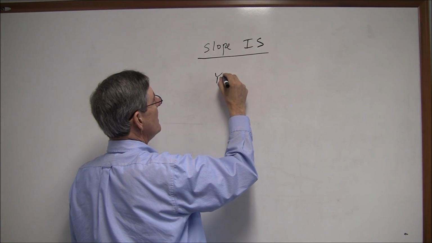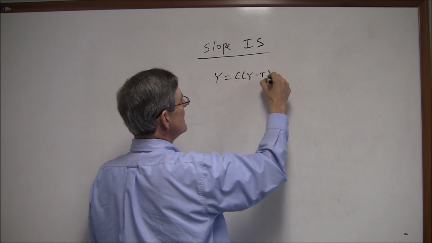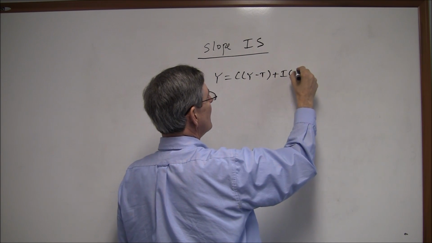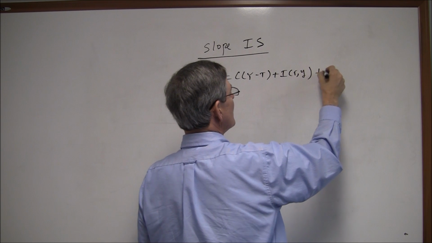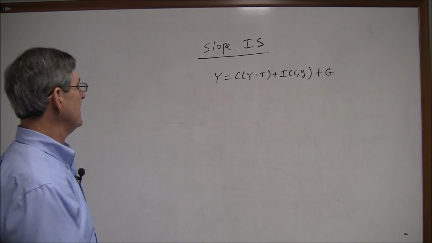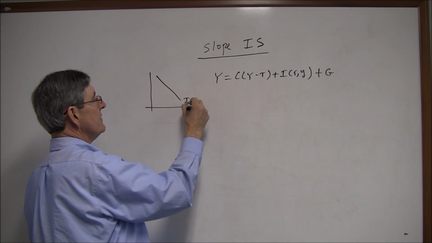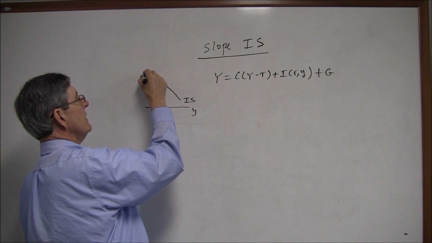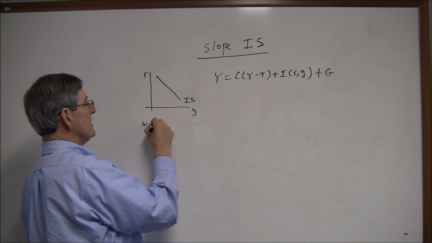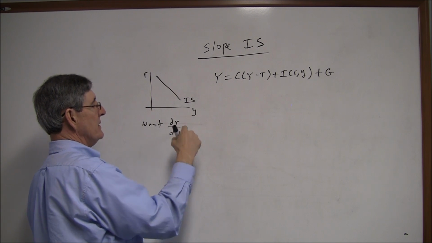So let's say our model is Y equals C of Y minus T plus I of R and Y plus G. We want to find the slope of the IS curve. So there's Y and R, so we want dR/dY. That would be the slope.